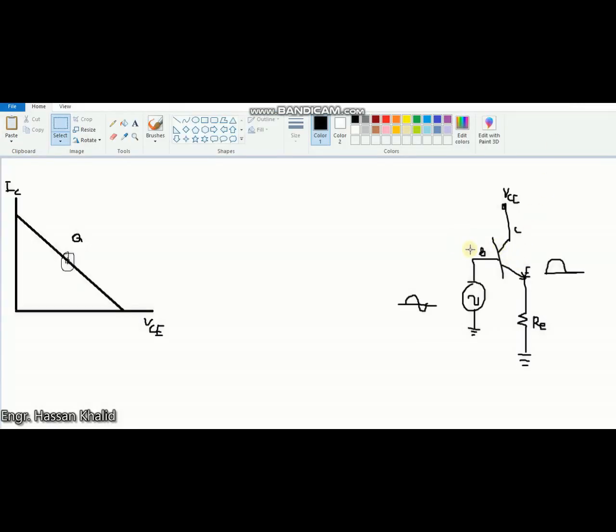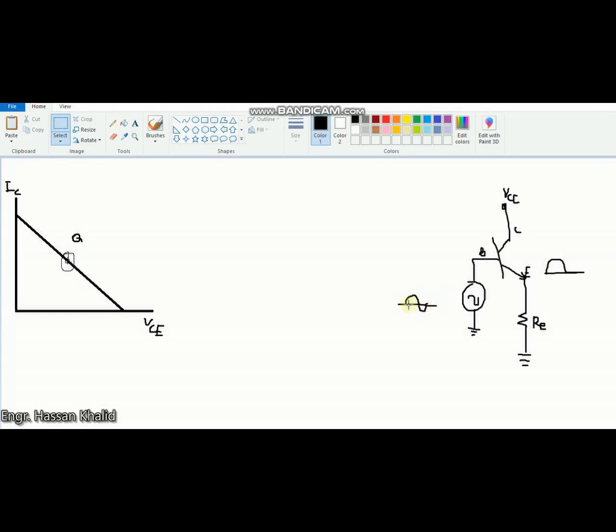Now this is the basic circuit diagram of the class B type amplifier, in which we are going to give the input sinusoidal signal at the base of this transistor, and we will get the output from the collector side. When I give the sinusoidal input, the class B amplifier only conducts in the 180-degree conduction region.